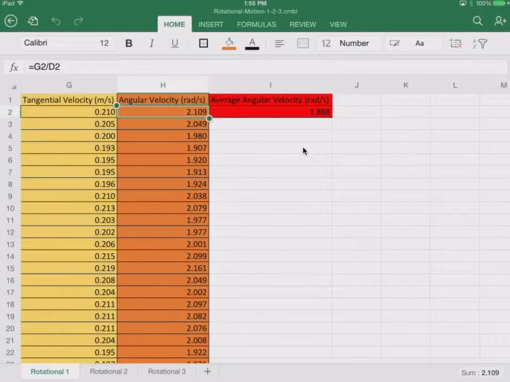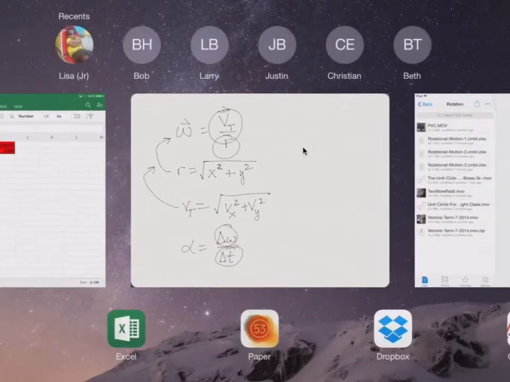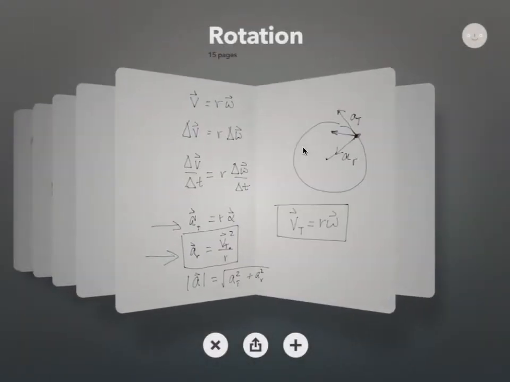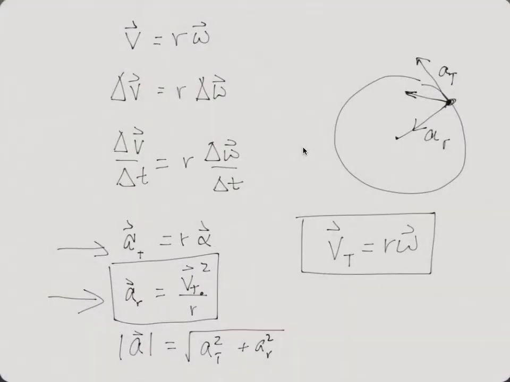So what am I saying here? If the angular acceleration is 0, that means that the tangential acceleration is 0. Does that make sense? In other words, our bicycle wheel isn't speeding up. That's what that says to me.